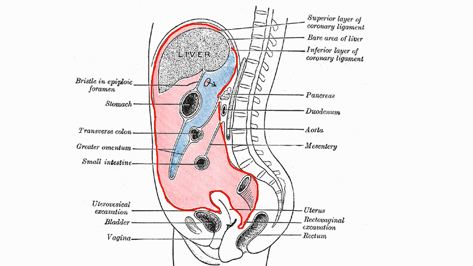So we've got the parietal peritoneum in red, and you can see it lines the outside, so it lines the abdominal cavity. And then where the peritoneum surrounds the viscera, so the organs within the cavity, it's called the visceral peritoneum. So I'm going to draw this on in blue.